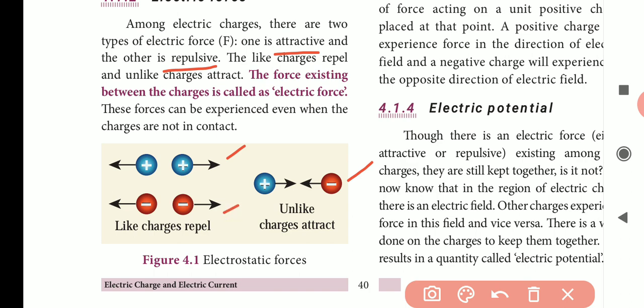From this, what we know is that the force existing between the charges is called electric force. These forces can be experienced even when the charges are not in contact. இதில் விசை தொடாமல் இருந்தாலும் தொட்டாலும் அதுக்கு நடுவில் ஒரு ஃபோர்ஸ் நடக்குது இல்லையா?